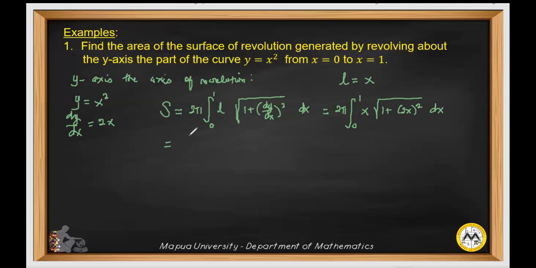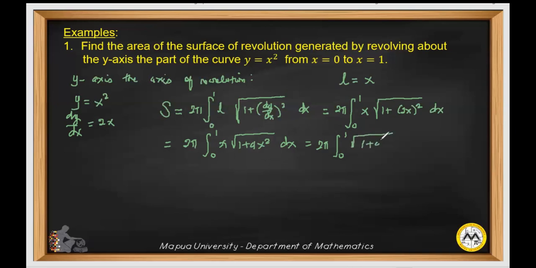Hence, S is equal to 2 pi integral from 0 to 1 of x square root of 1 plus 4x squared dx. And we can evaluate the integral by power formula, but then we have to express the radical in exponential form.